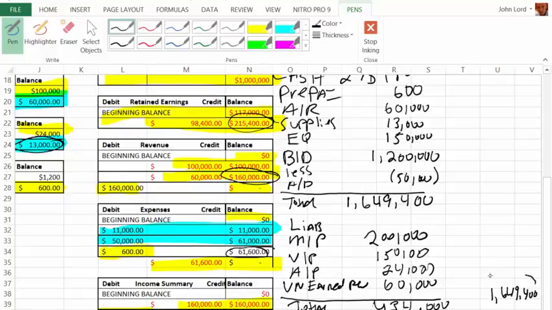Where did this number come from? It's the liability plus what? Plus the stockholders' equity, isn't it? I just couldn't write it at the bottom because I ran out of space, right? Isn't that beautiful? Look at that.